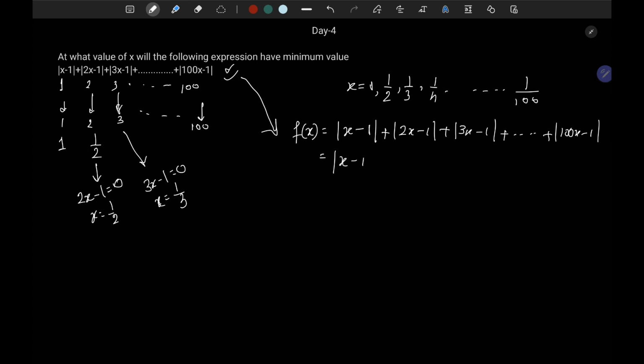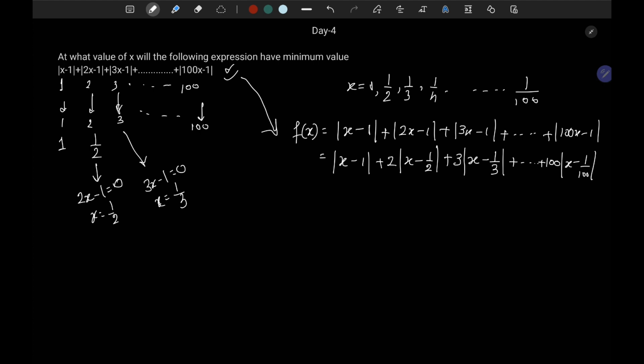We will write the first one as it is. Then we will take 2 common from here, so this becomes 2 times mod of x minus half. We will take 3 common from here, like this, and at last we would have 100 times mod of x minus 1 by 100.